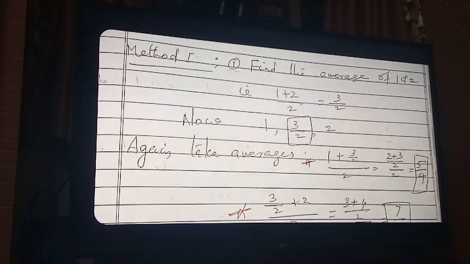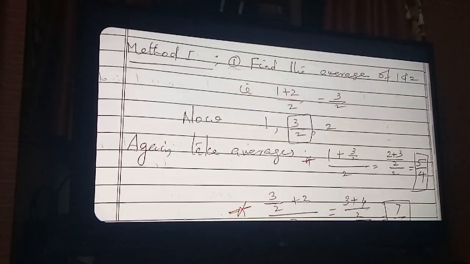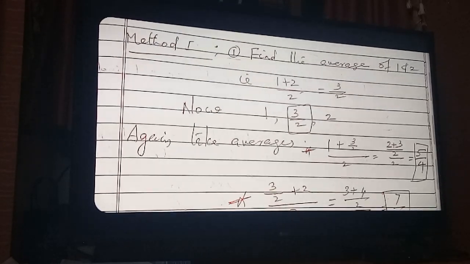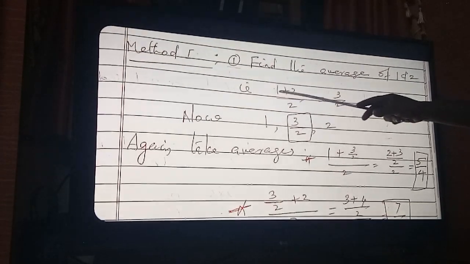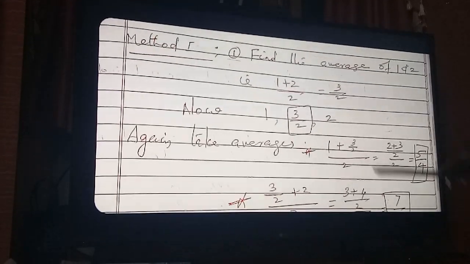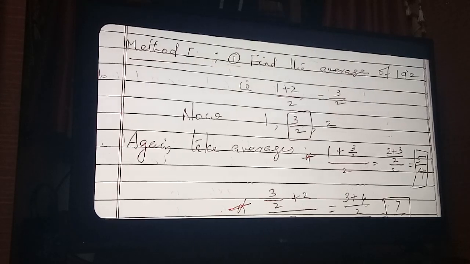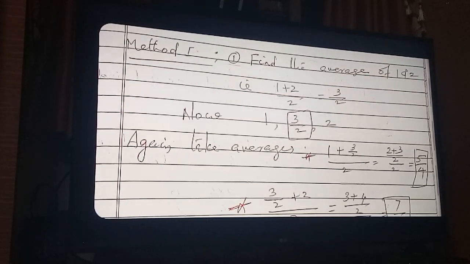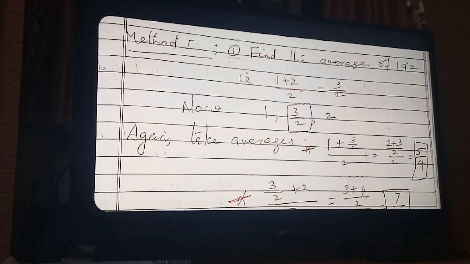The first method is called the successive averaging method. What is the successive averaging method? First, I take the average of 1 and 2. How do we find the average? The average of any two numbers A and B, you studied already in the previous classes: A plus B divided by 2.